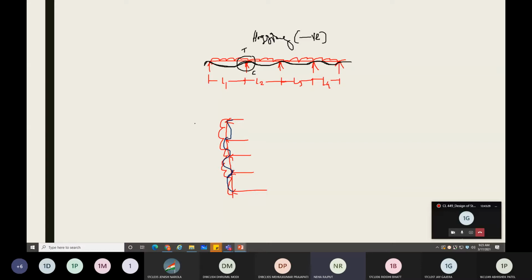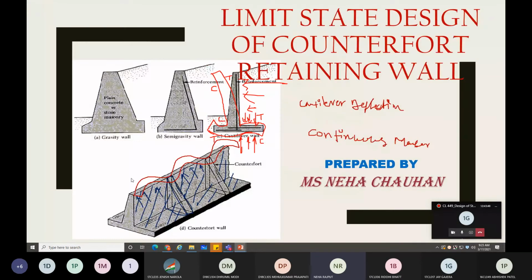So the support is facing negative moment, and the span is facing positive moment, right? So here also the same thing is happening.